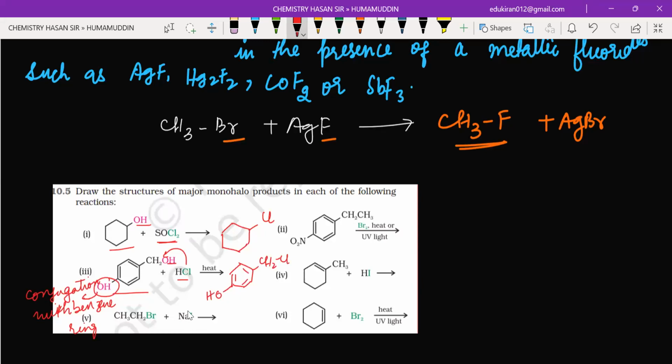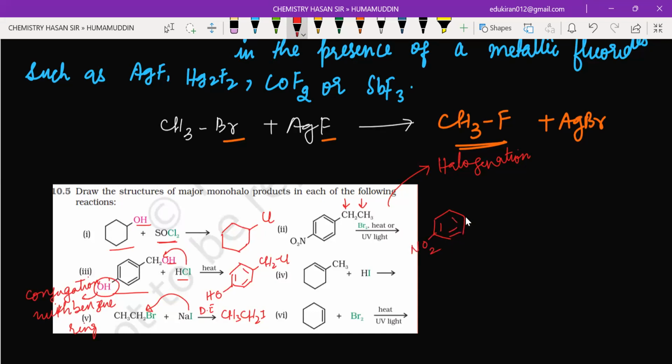Now this is your Finkelstein reaction. In the presence of dry acetone, it will be CH3CH2I. Now this is halogenation. Halogenation takes place in alkane, so Br will replace this hydrogen or this hydrogen. The rest will be as it is.